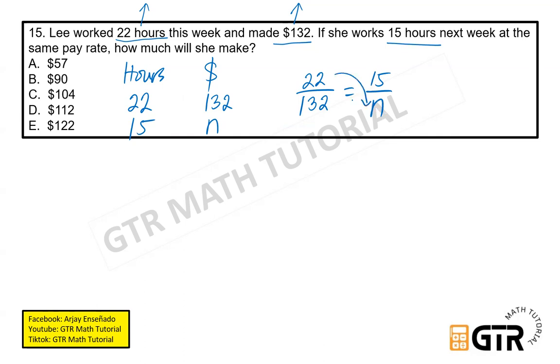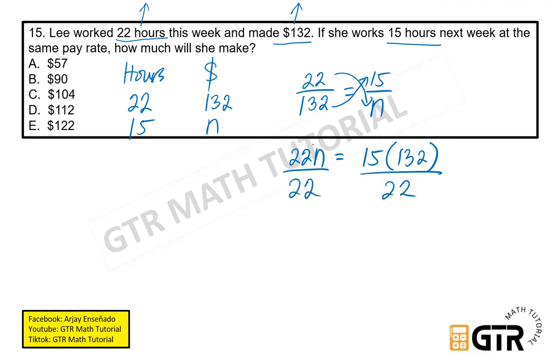So cross multiply natin. Ayan, cross multiply. So 22n is equal to 15 times 132. Okay, so mga choices natin eksakto, so ibig sabihin, madi-divide ito lahat. So divide natin both sides by 22. Okay, so yan na yung value ng n. I-lowest term muna natin para maiwasang mag-divide ng malalaking number.